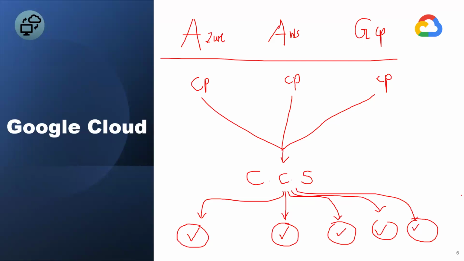So we have three leading cloud providers: Azure, AWS, and GCP.